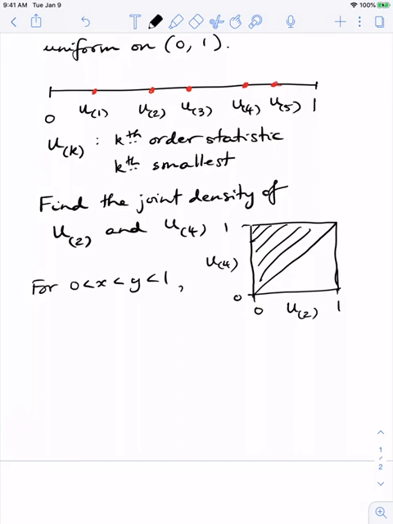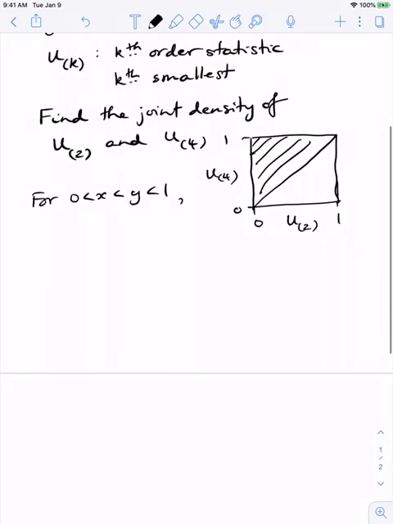And what we're going to try and do is look for the probability that U(2) is just around some little x, and U(4) is just around some little y.